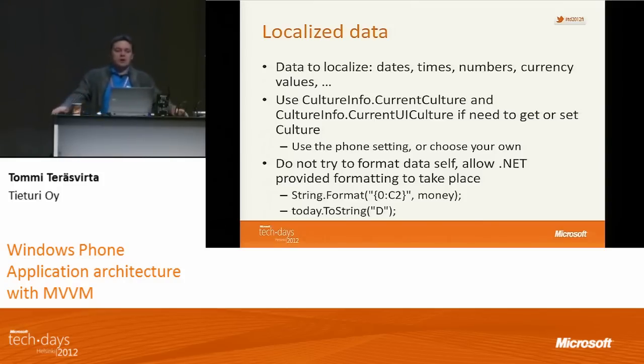So use cultures. So the Windows Phone has culture information, and the culture information allows you to format currency, format strings through the string or through the double and so forth. And that means that at that point, every single string is automatically properly localized.